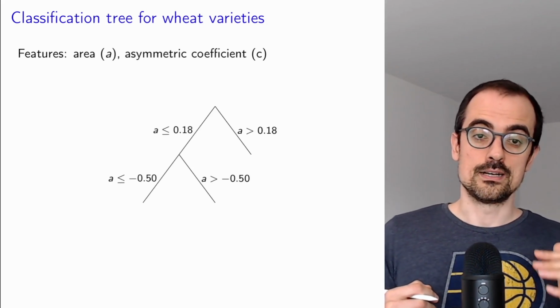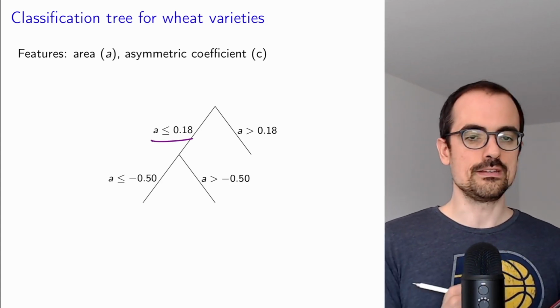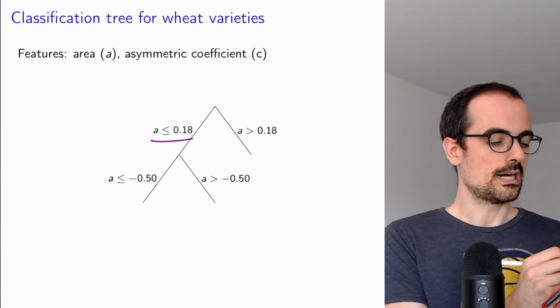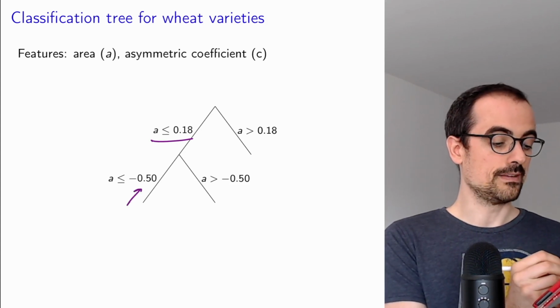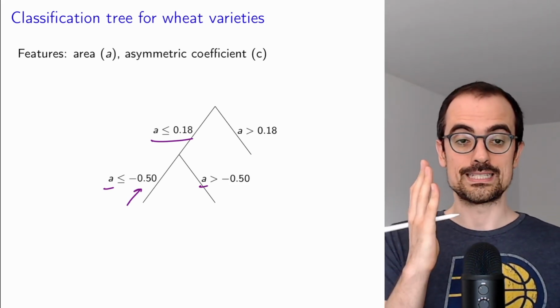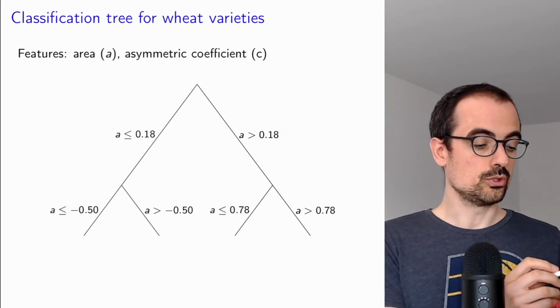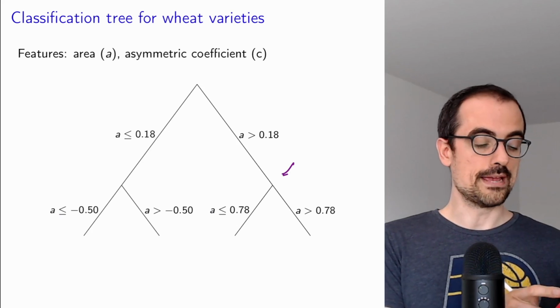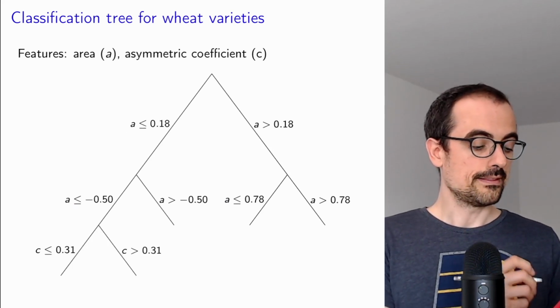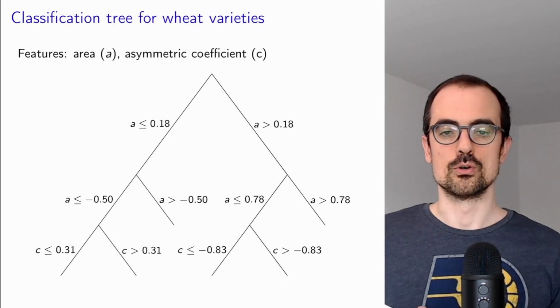Then the region for which A is smaller than 0.18 is going to be further divided into two regions according to this threshold and the same feature. We're again going to divide the feature space according to the A feature. Then we're going to divide the other one also according to the A feature. And then we're going to use the C feature to further divide some of those regions.